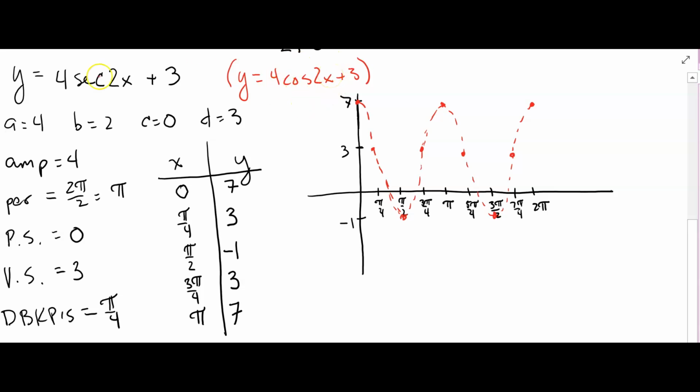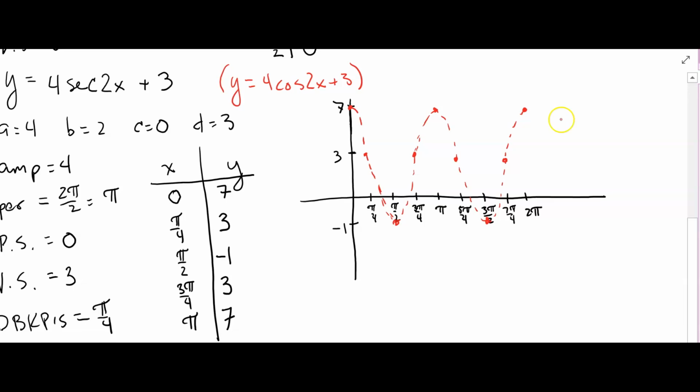So that means that the secant values are going to be undefined. So we're going to draw in asymptotes again at all those middle spots. So there's an asymptote at pi over 4, another one at 3 pi over 4, 5 pi over 4, and 7 pi over 4.